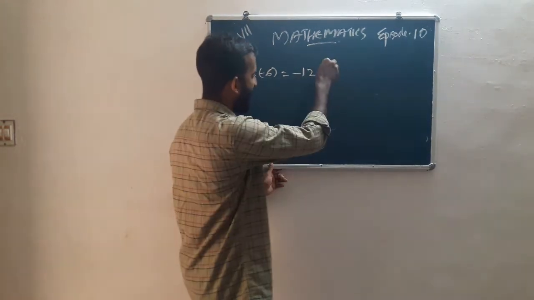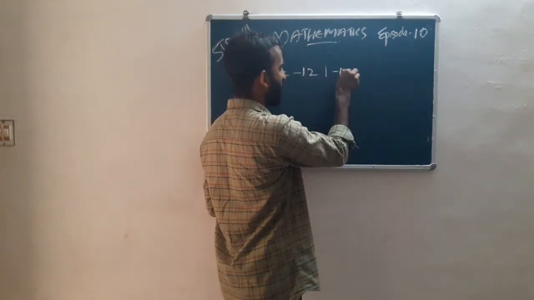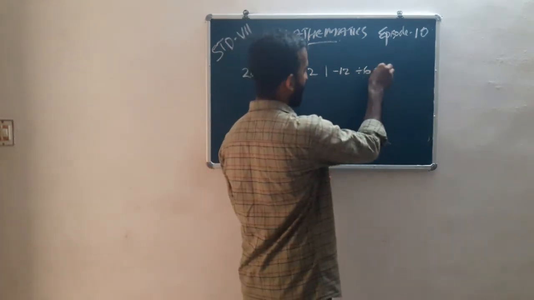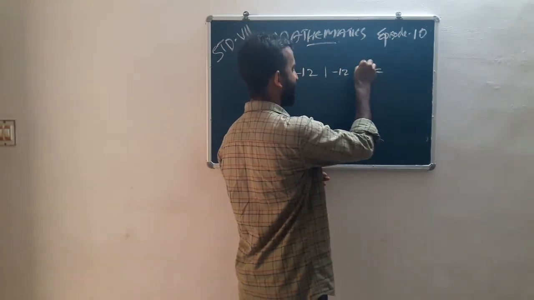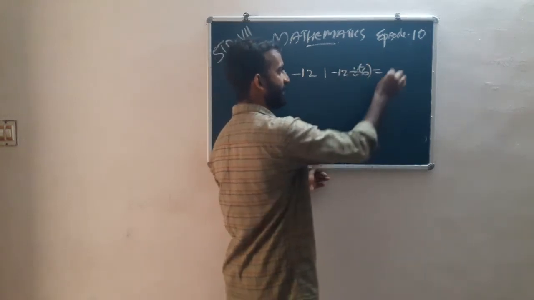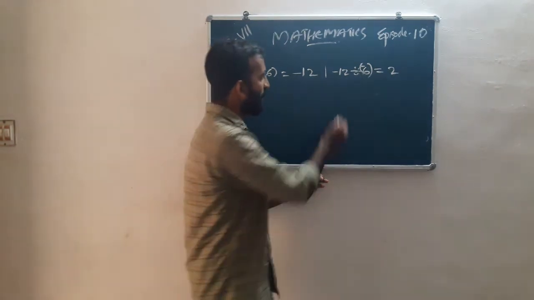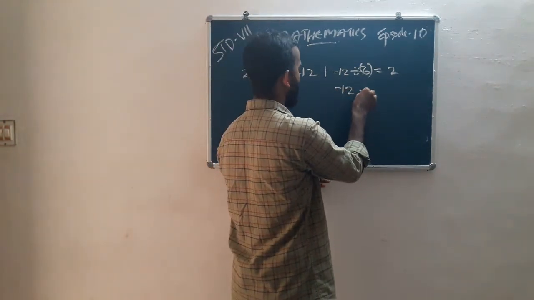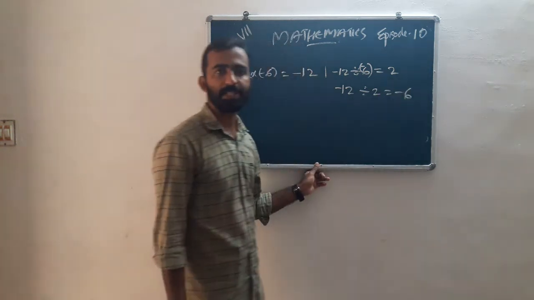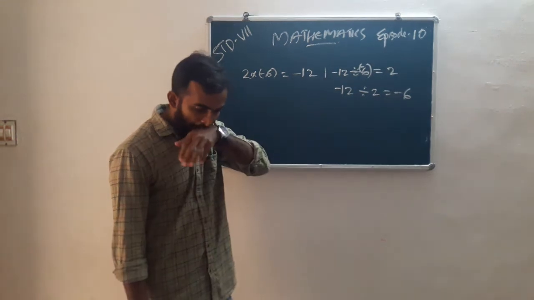Then negative 12 divided by negative 6, we get 2. And also negative 12 divided by 2, we get negative 6.